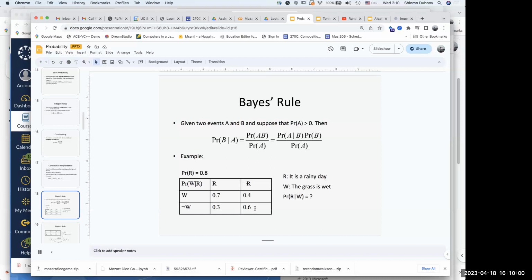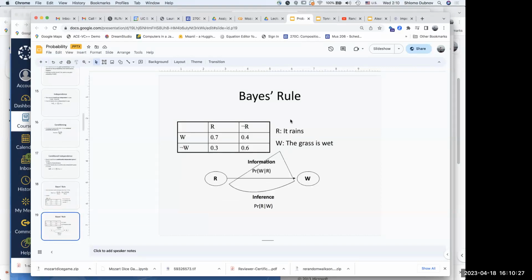You can see that for every event like this, given R, the W values sum to 1. So every column here sums to 1. These are basically the conditional probabilities, and you can have some prior probability just of rain happening or not, which is given independently of anything else. So 80% of the time you have rain.